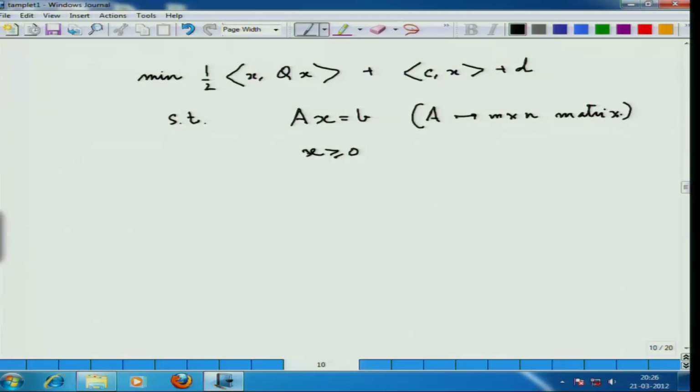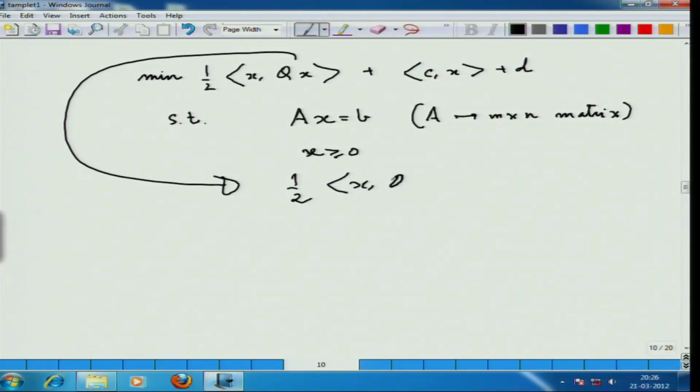Now, this problem is a quadratic problem. You see there is a quadratic form here, and this is the matrix defining the quadratic form. This part only is a convex function, that is, if you take just this part, then this is convex if Q is positive semi-definite.